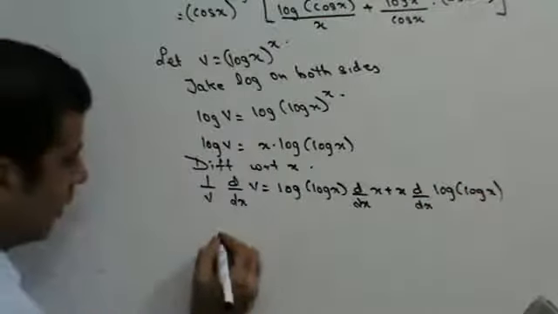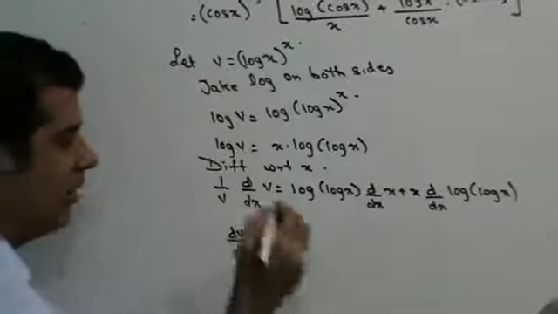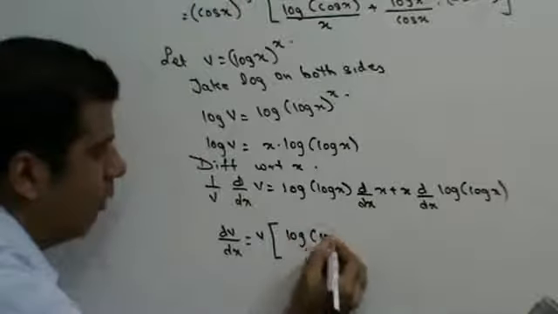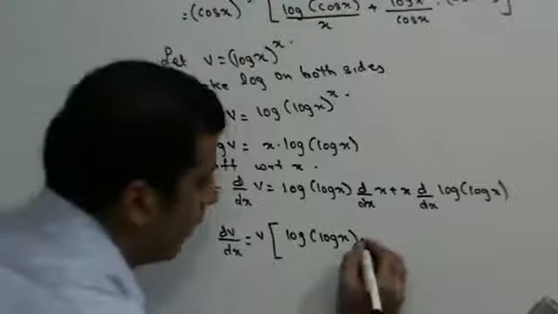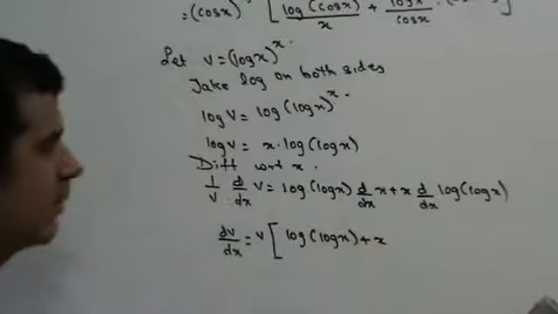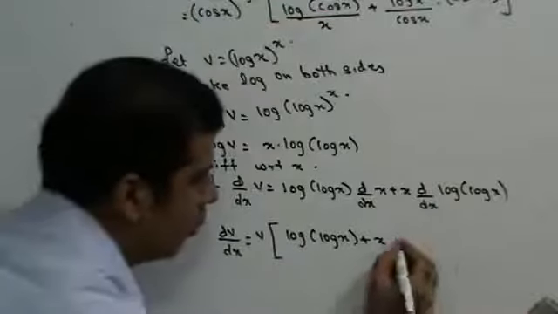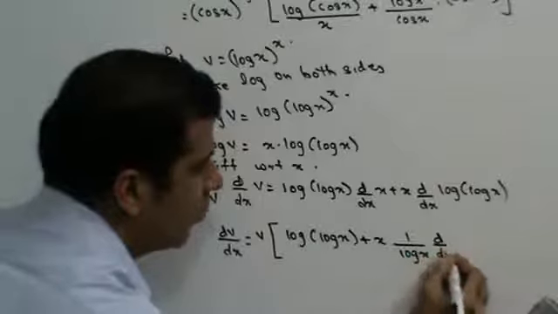Right? So you will get dv by dx. v is division here, when it goes on the other side becomes multiplication. Log of log x, d by dx of x is 1, plus x, log u is 1 upon u, d by dx of u.